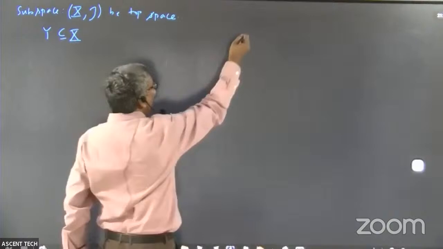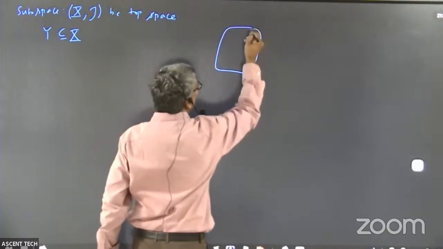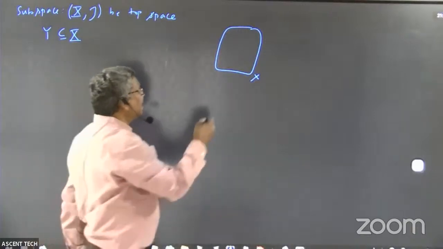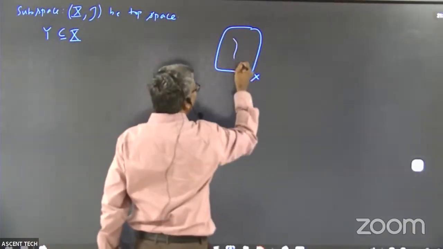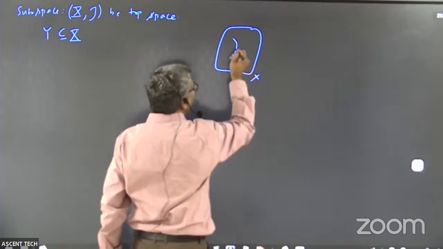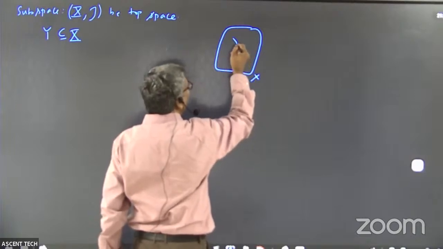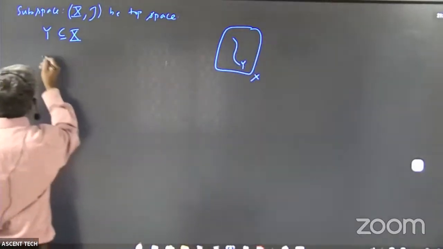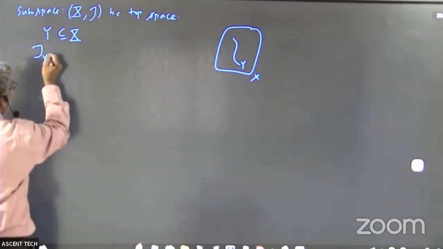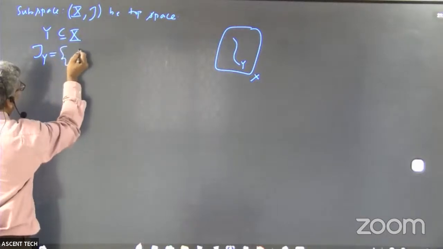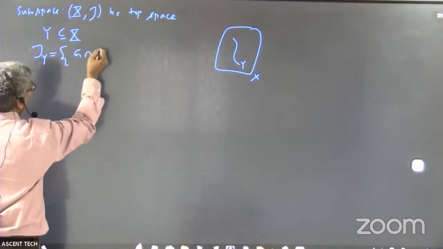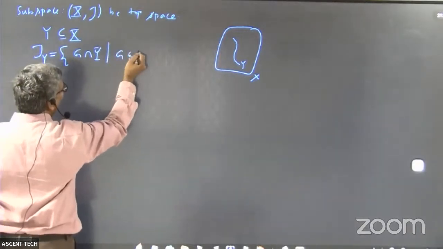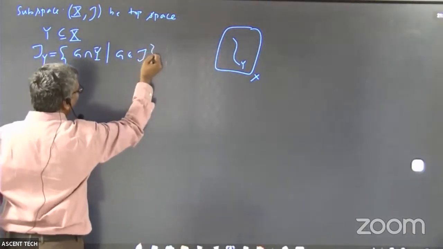I have this space X, which has a topology; that means a lot of open sets are there in it. If I want to create a topology on the subset Y, all I have to do is intersect the open sets of X with Y. T_Y is the collection of all G intersection Y, where G is an element of the topology of X.